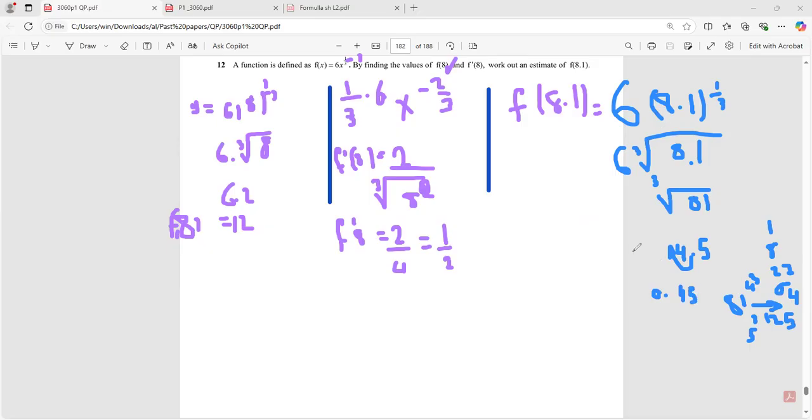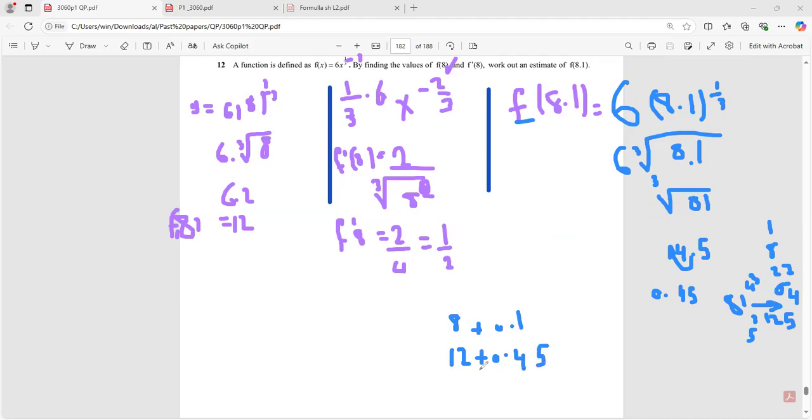Then we're going to move this 1 dp away, so it will be 0.45. So here we can say f(8) equals 12. So f(8.1) will be between 12 plus, because 8.1 is 8 plus 0.1, I'm going to say plus 0.45.